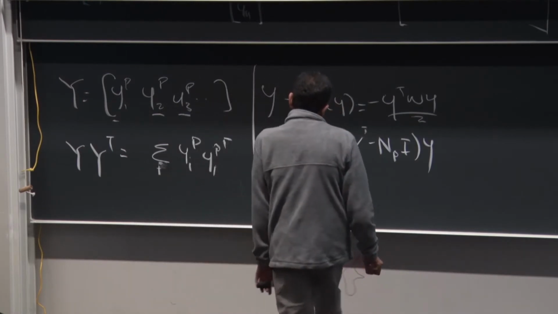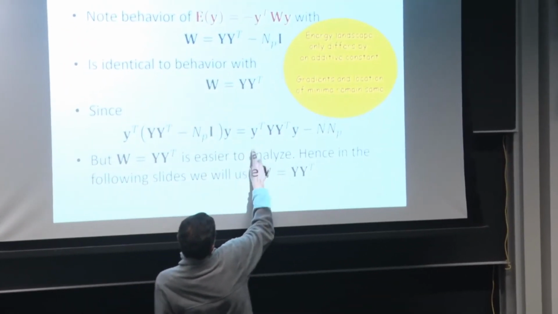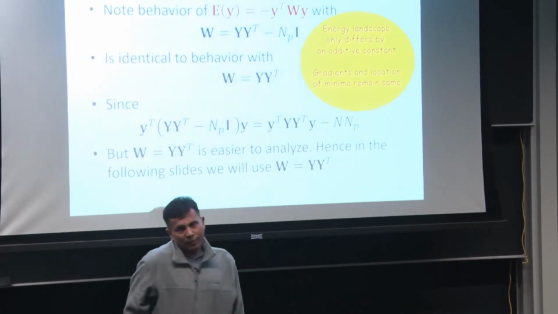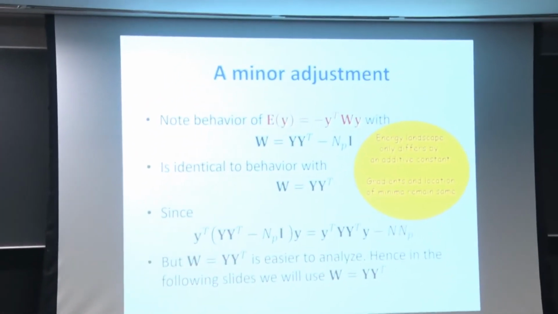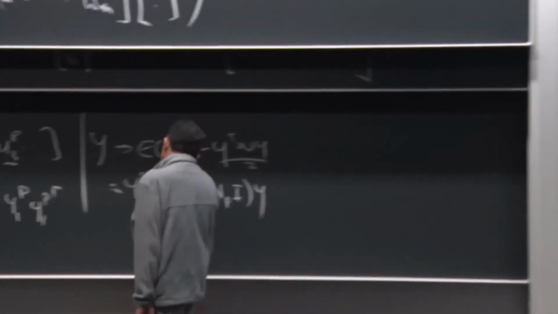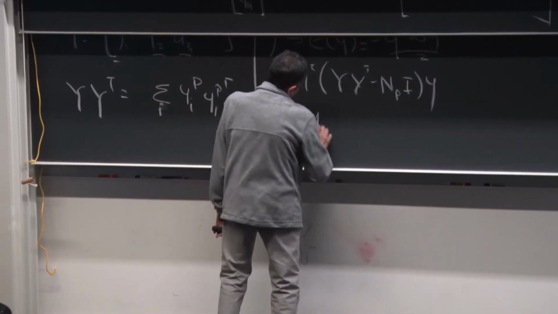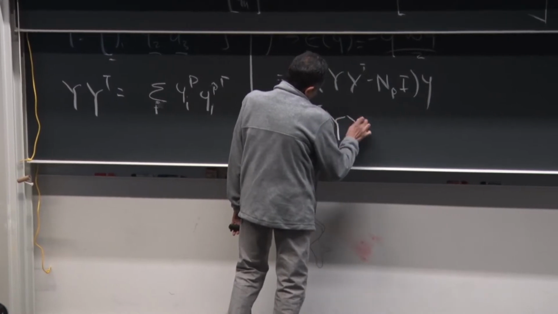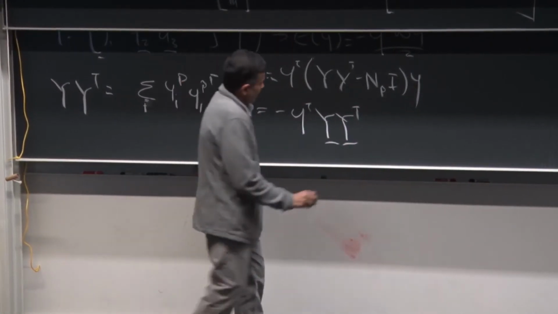So if I expand this out, I can pull this Y in here, and so that gives me this first term, minus NP times, what is the second term? The second term is simply going to be Y transpose, this is a capital Y, these are all the patterns that I'm trying to store, right?